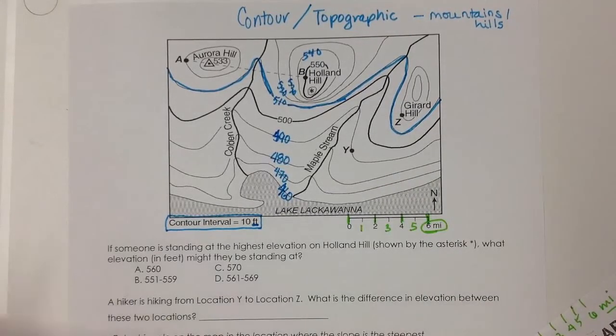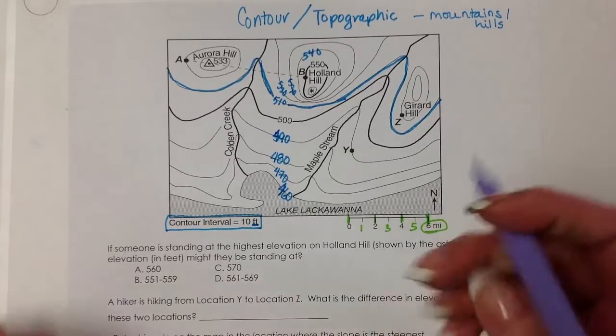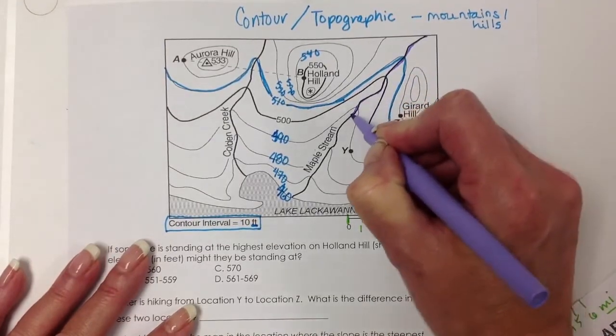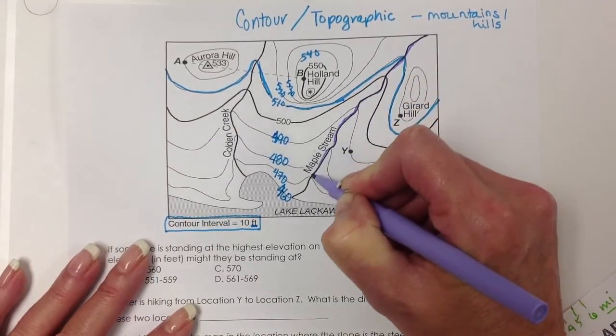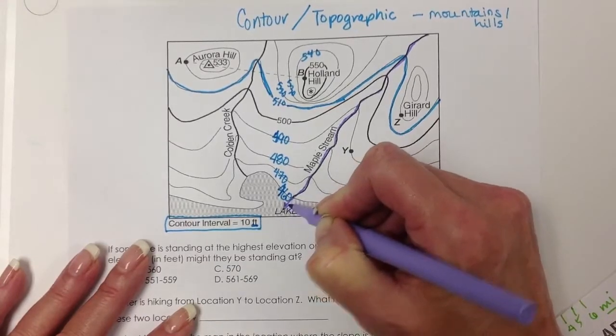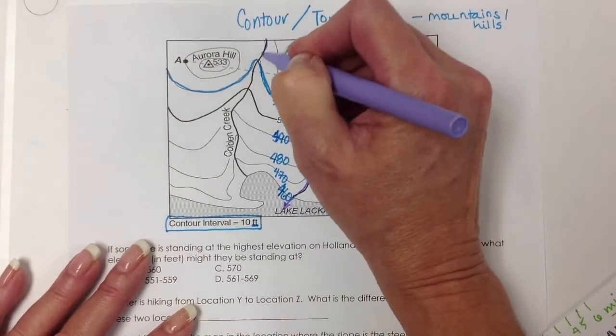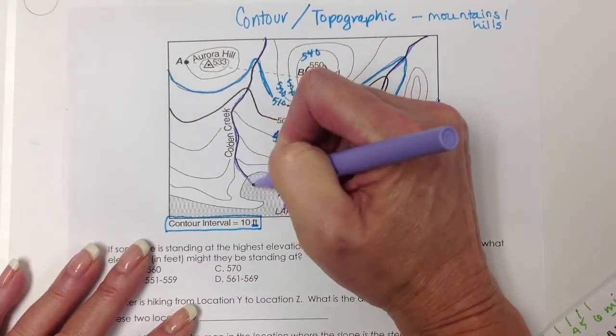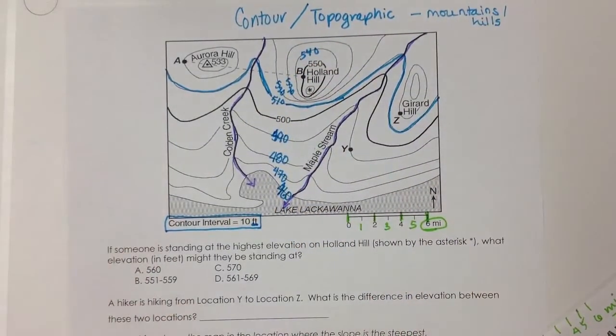So let's see, what else can we see? Well, if you understand topographic maps, you can see that here, even without them telling you that this is a stream, here is something flowing downhill into the lake, and here's something flowing downhill also into the lake. All right, they're flowing downhill. Rivers and streams flow downhill, not uphill.